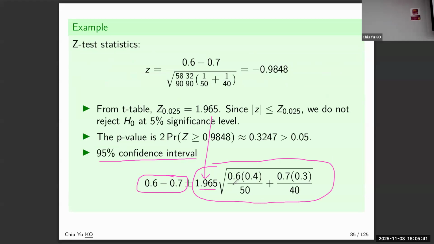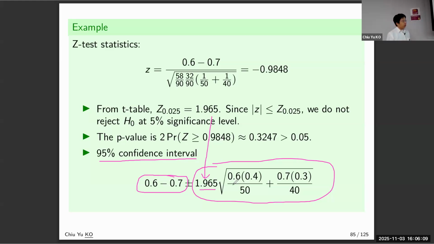So we use the variances separately. We don't have the pooled variance assumption. This is the part that needs to be a little more careful.